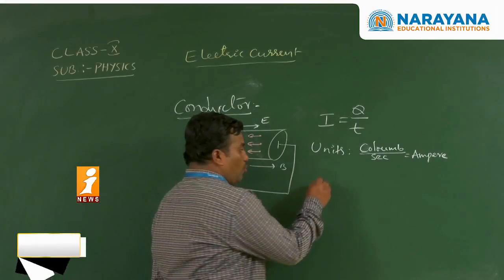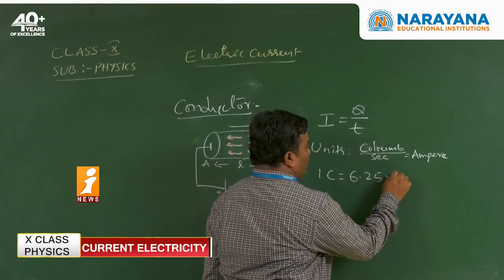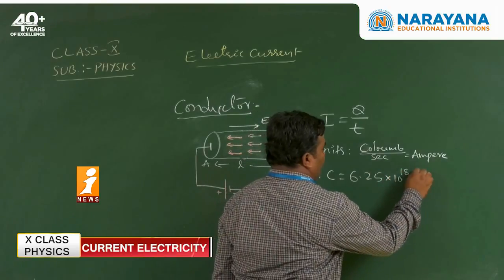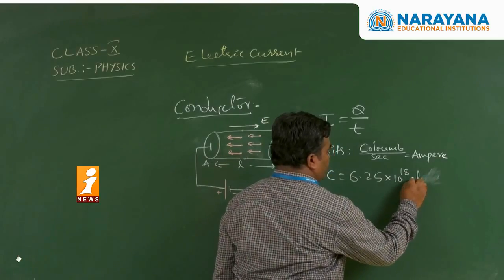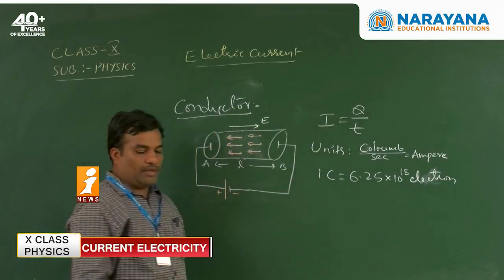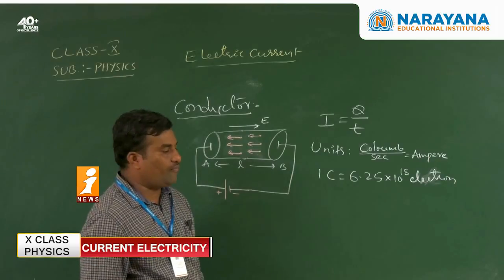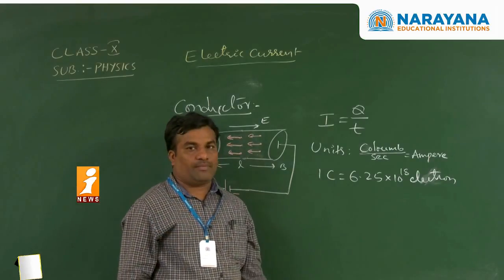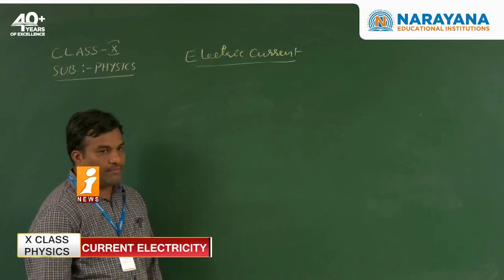Here 1 coulomb is equal to 6.25 into 10 to the power of 18 electrons.